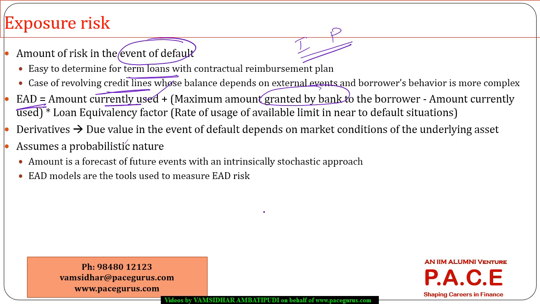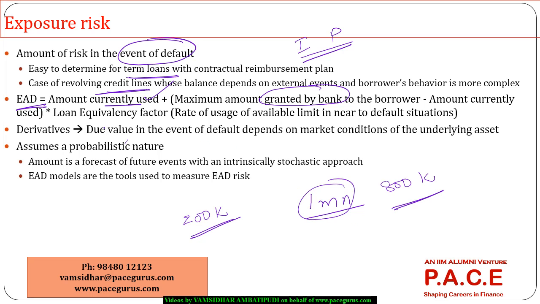So let's say the bank has granted him a credit limit of 1 million. Let's say 200,000 has already been used by the borrower. So the remaining 800,000 the bank has already granted, but he has not used. Now, when I'm talking about the exposure at default, we are talking about 200k, which is already used, plus on the remaining 800k, we will multiply it with the loan equivalency factor.